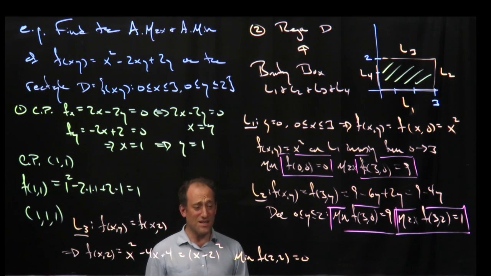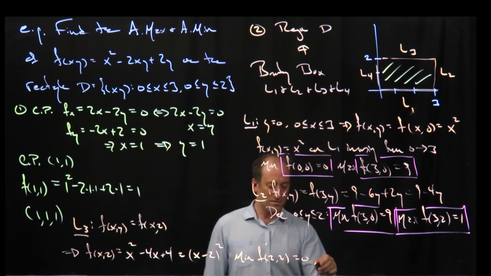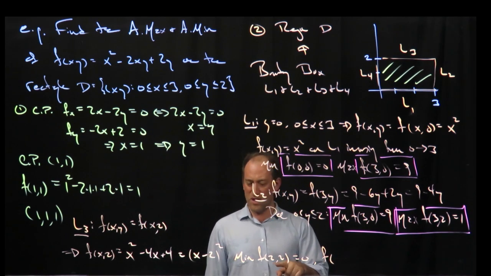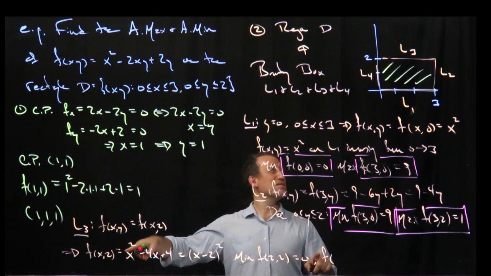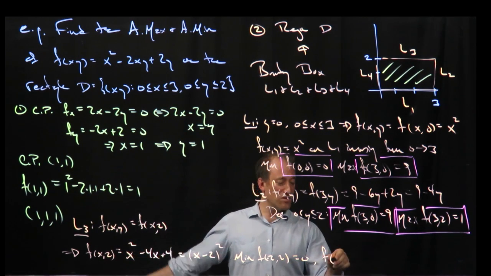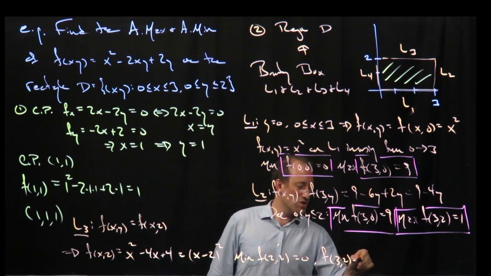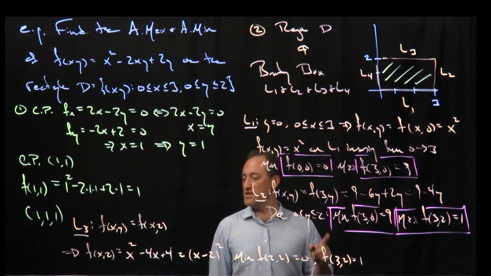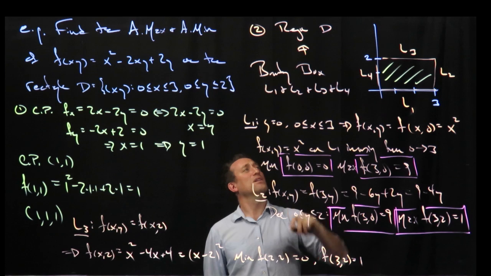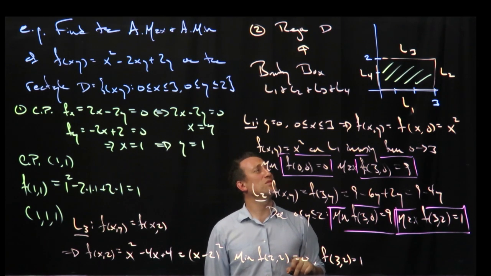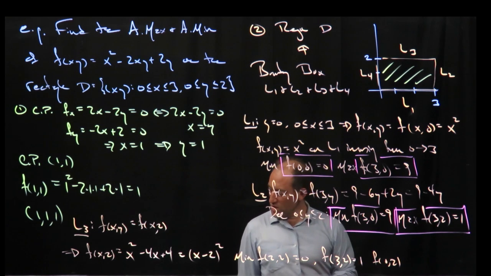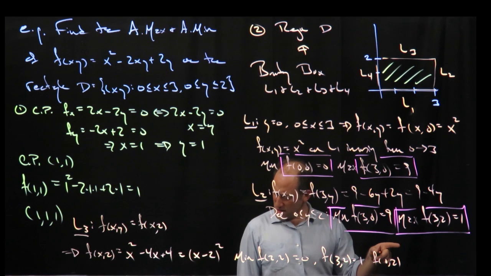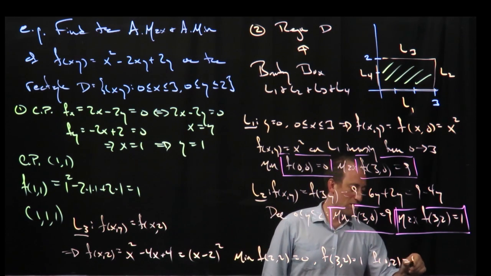I then also need the endpoints, namely f of 3, 2, which is 1, and f of 0, 2, which will be, oh, let's see, 4.